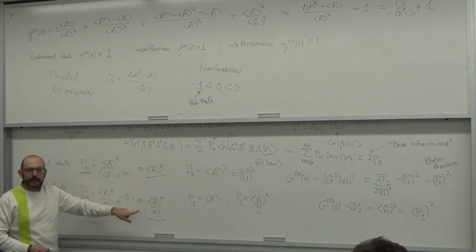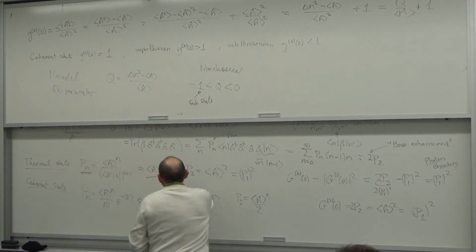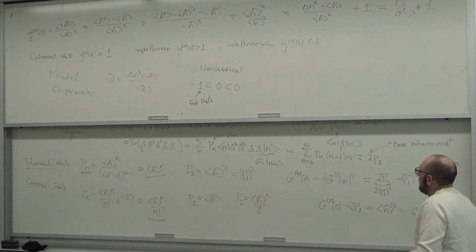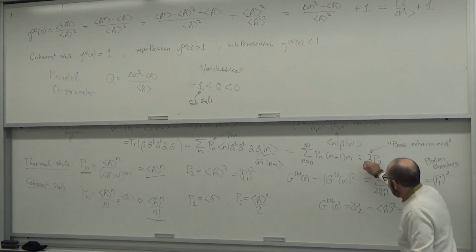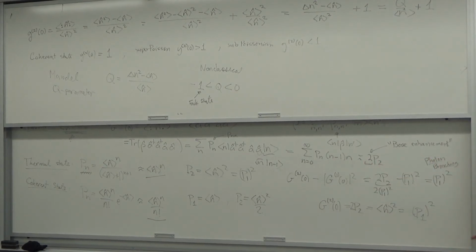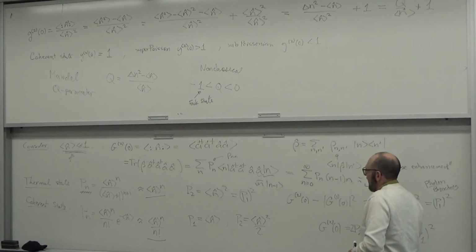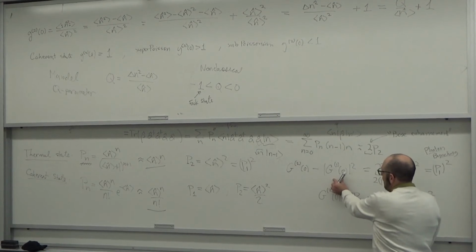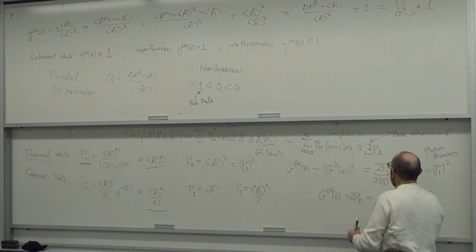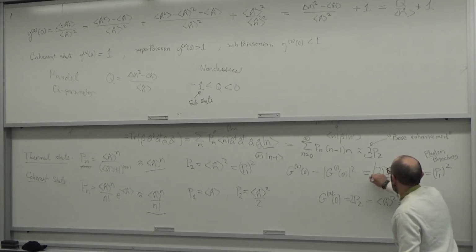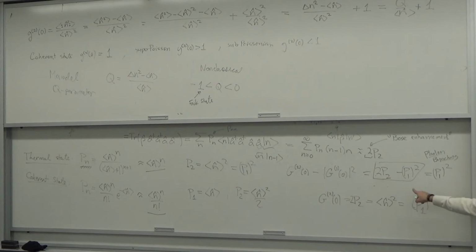There are different probability distributions. This shows that because of this Bose enhancement factor, the rate at which I'm going to see this joint detection compared to the product of the rates of the single detection is equal to this difference, twice P2 minus P1 squared. For the coherent state, that's 0. For the thermal state, there's an excess.